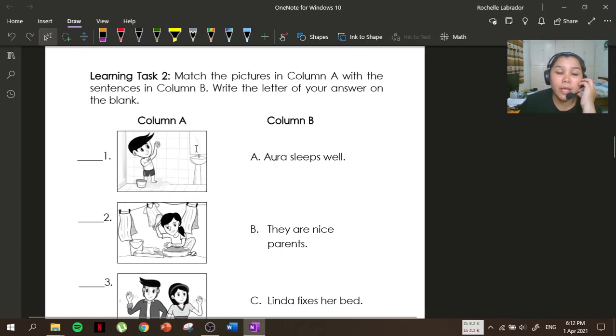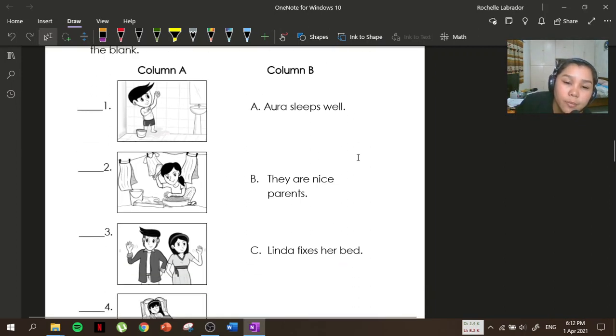Okay, so we have here 5 pictures to choose from. So you write the letter. Now, letter A, Aura sleeps well. Letter B, they are nice parents.